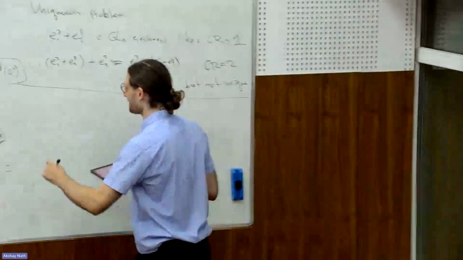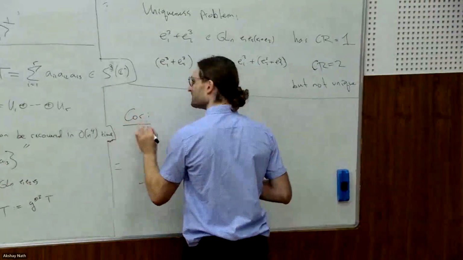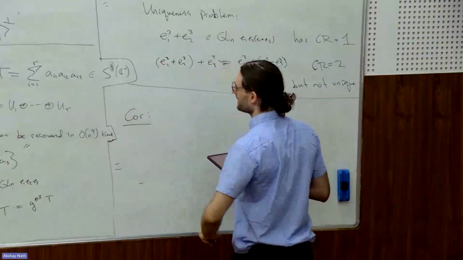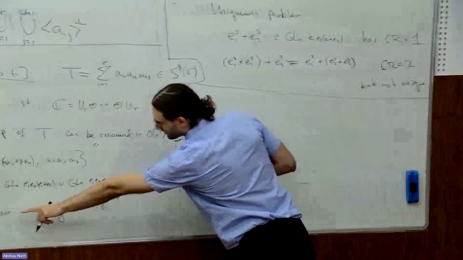So here's a corollary to this non-generic orbit theorem. Let's say they're all W states, they're all W tensors.